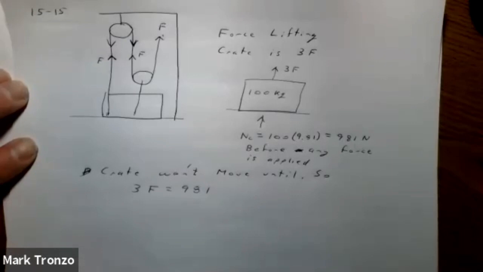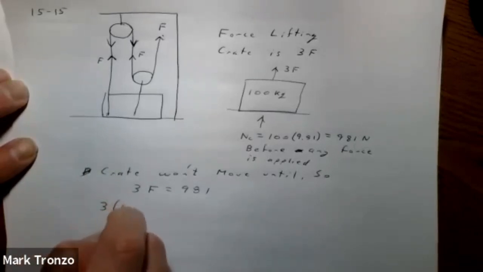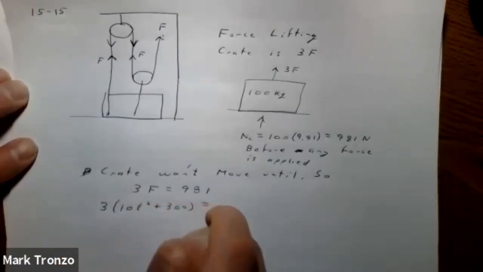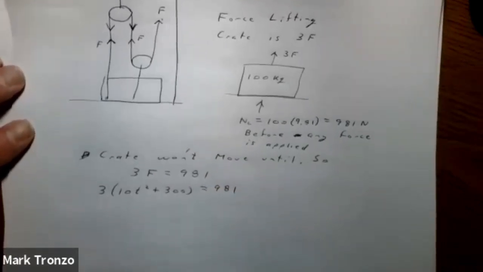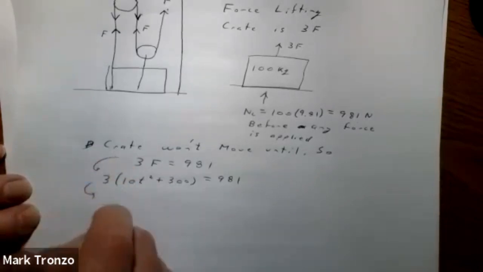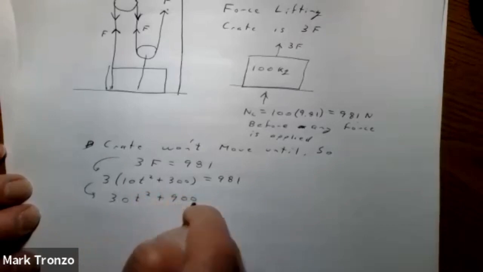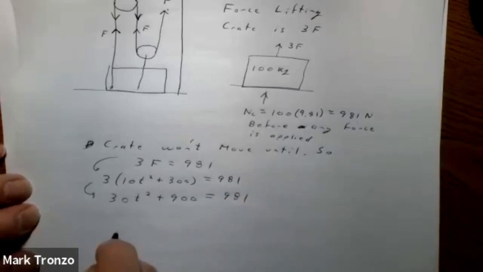Now F, we're told in the problem, is 10t squared plus 300. And so if we multiply this out, I'm just following this through, 30t squared plus 900 equals 981.